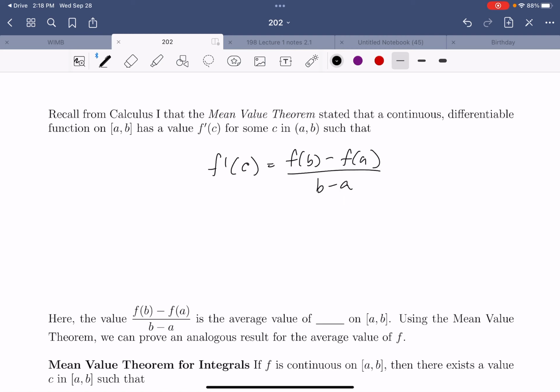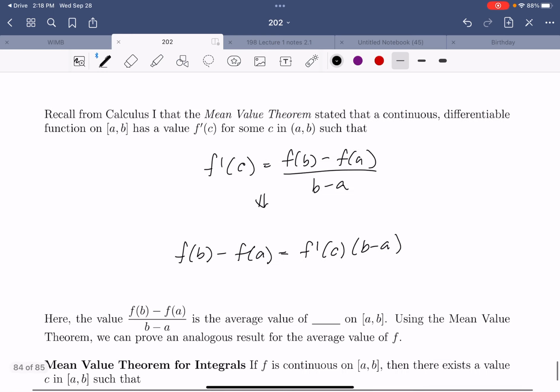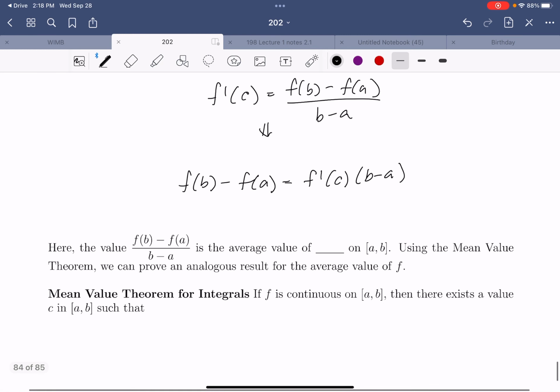Of course, that translated to the idea that f of b minus f of a is f prime of c times b minus a, if I multiply both sides by b minus a. And here, f of b minus f of a over b minus a is the average rate of change of f on the interval from a to b.